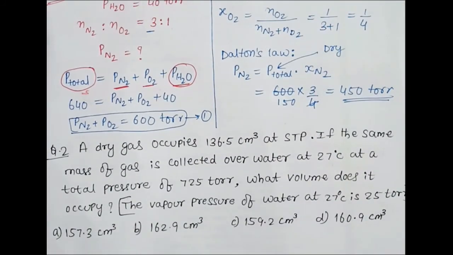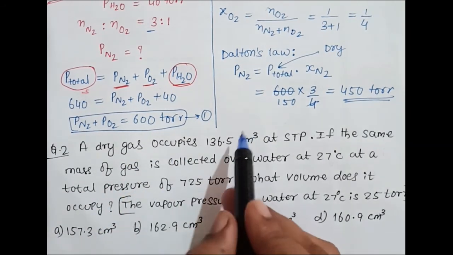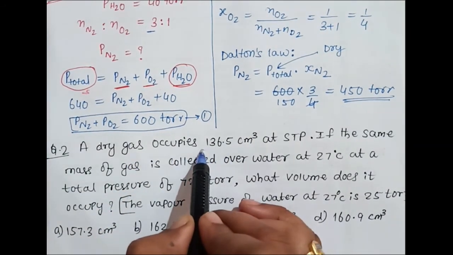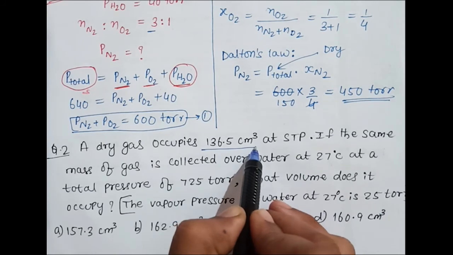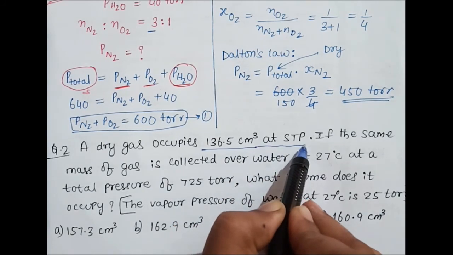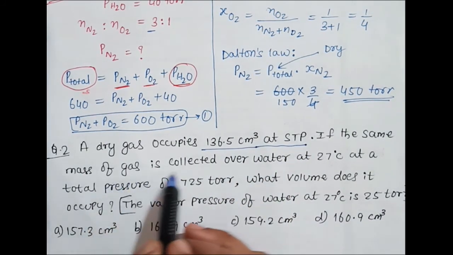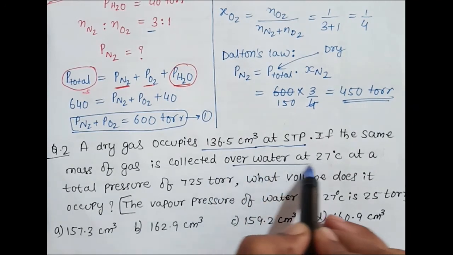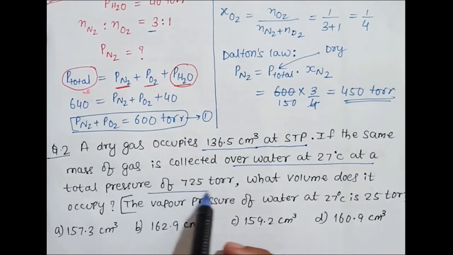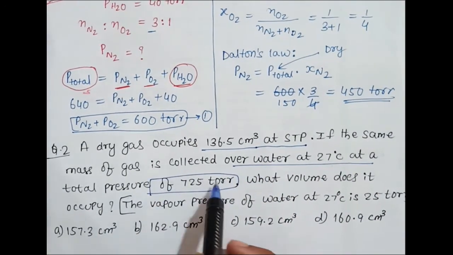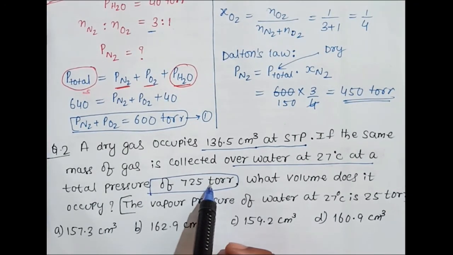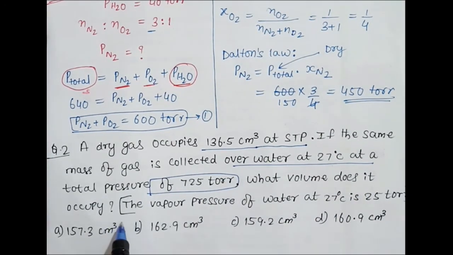You see, a dry gas occupies 136.5 centimeter cube at STP. If the same mass of the gas is collected over water at 27 Celsius, the pressure is 725. The 725 is pressure over water. What volume does it occupy?